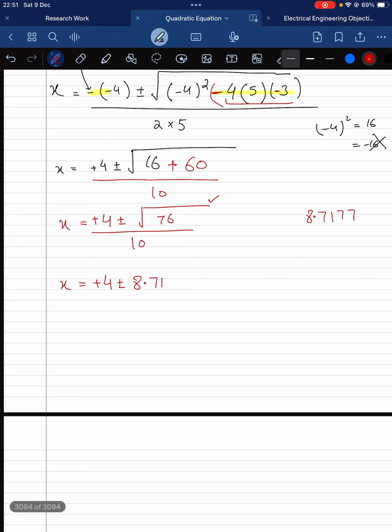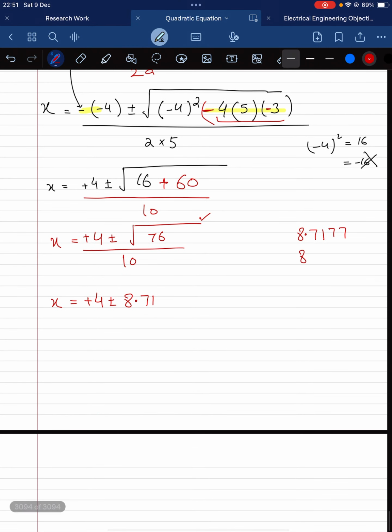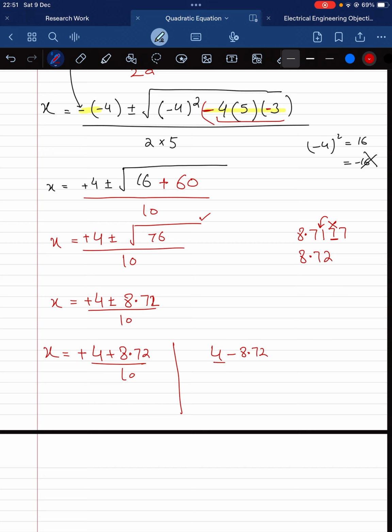As we need to write only three significant figures, we can round it off to 8.72, because if you round off this 7, this 1 will become 2. So it's 8.72 over 10. One time you can write it as positive, and another time as negative: 4 plus 8.72 over 10, and 4 minus 8.72 over 10.